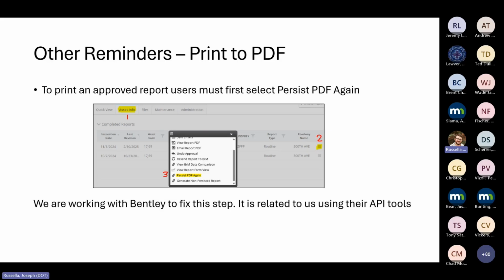So when you have an approved report that you want to print, first you have to just find the report, and to the right of that report is a menu button. In this case, it's 3 horizontal lines. You click that, and then you find Persist PDF again. Click that. It takes a couple seconds to run, and you'll get a message that it's complete. And then you can go back into this menu and click View Report PDF, and it'll load appropriately then.